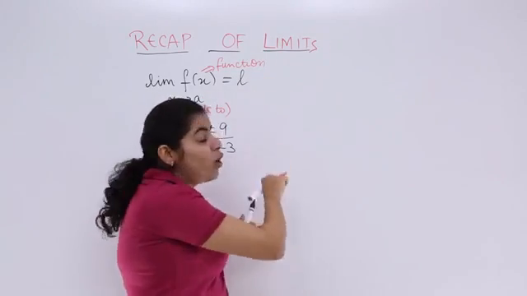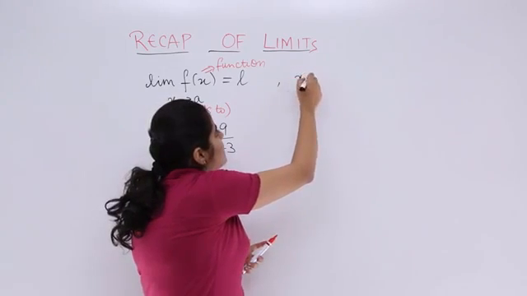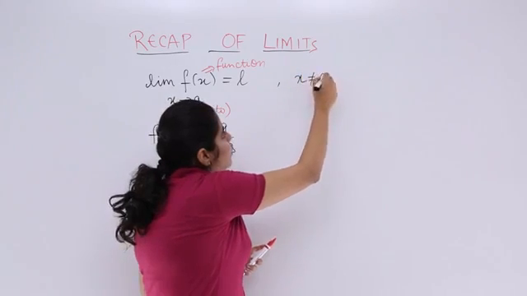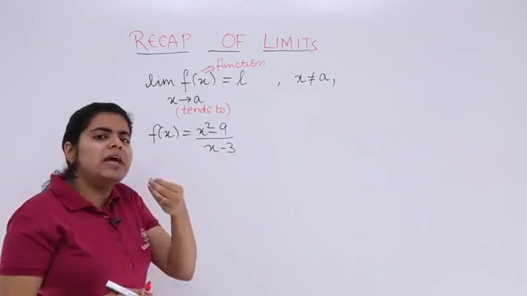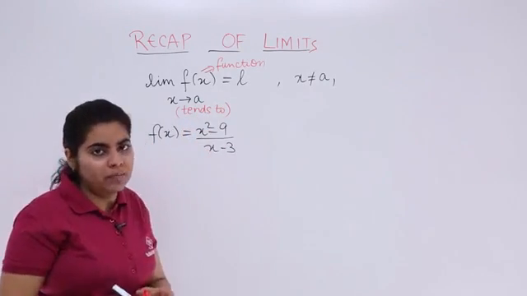x tends to a always means that my x is not equal to a, but it is very near to a.